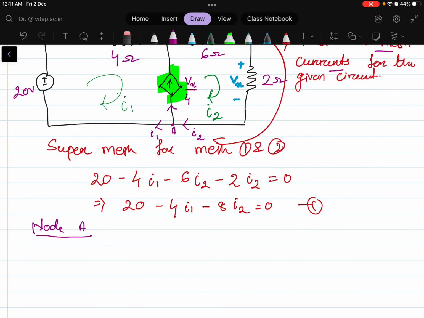So you can see these two currents are outgoing and this is incoming. So we can simply write as per KCL, I2 equals I1 plus Vx divided by 4.